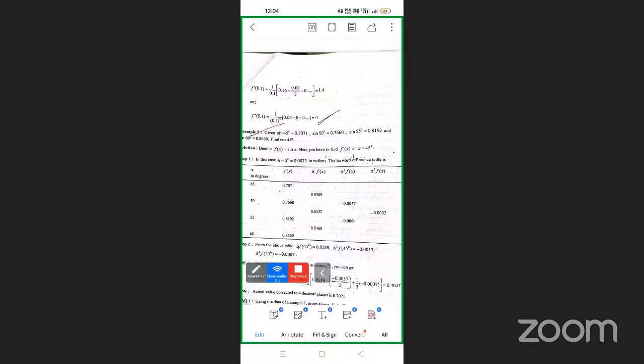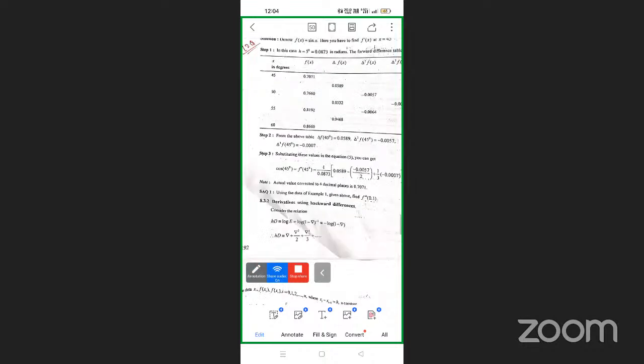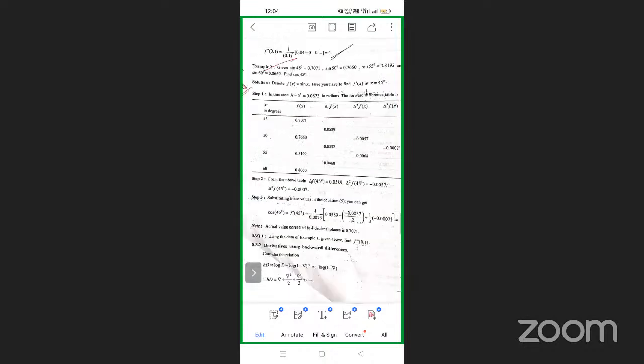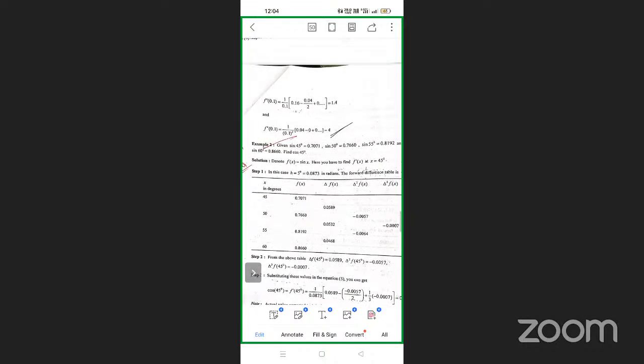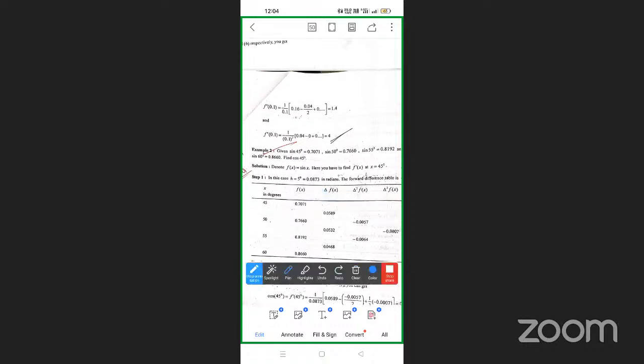Now the first derivative. We have to find out cos 45. Differentiation of sin x is cos x. So differentiation of f of x at x equal to 45 is nothing but cos 45, and we only have to find out the first derivative.